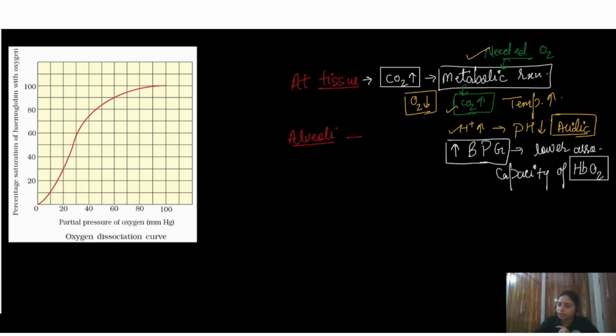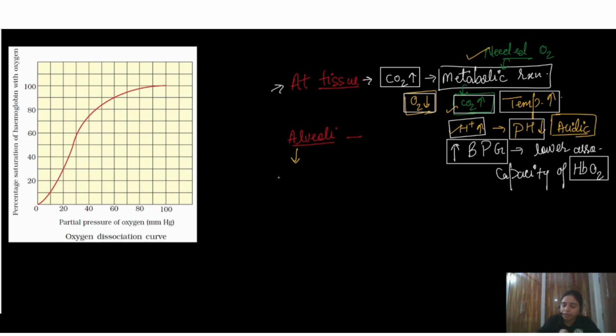These are the conditions at the tissue level: high bisphosphoglycerate, high H+ causing low pH, high temperature, high CO2, and low oxygen. Now let's see the alveoli.